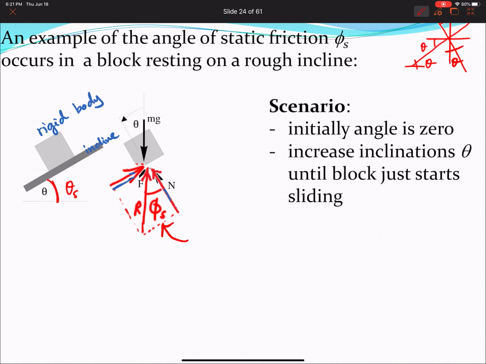Okay, so if we started this experiment when the body was flat, and then you started picking this inclined plane up like this, and then you kept increasing the angle a bit, and you do that until the body starts sliding down, and you stop.